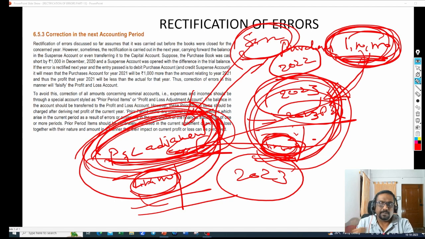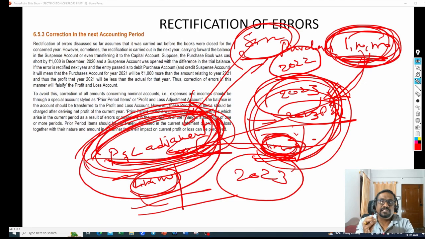Clear? Number one. Number two. Now these errors are identified in the next year. When they are identified in the next year, you cannot adjust them straight away in the P&L account of 2023 because they are prior period items. Since they are prior period items, the adjustments have to be done to a separate account called the P&L adjustment account. So we have to create a P&L adjustment account. Why is the P&L adjustment account created?